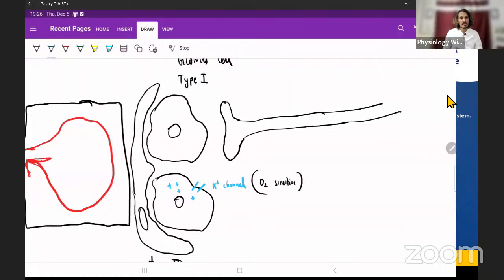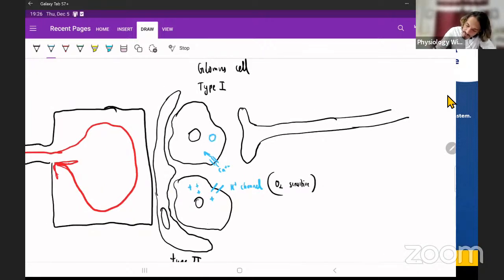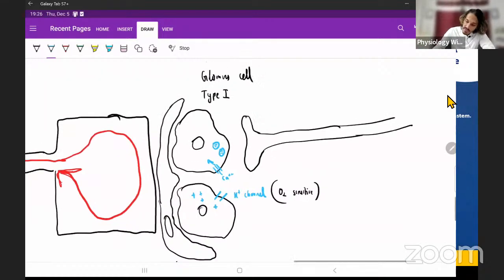These positively charged ions inside will make the threshold go up in order to open up a calcium channel, because of which calcium will now come in. As a result of that influx of calcium, there are vesicles containing certain transmitters, which are now ejected outside.